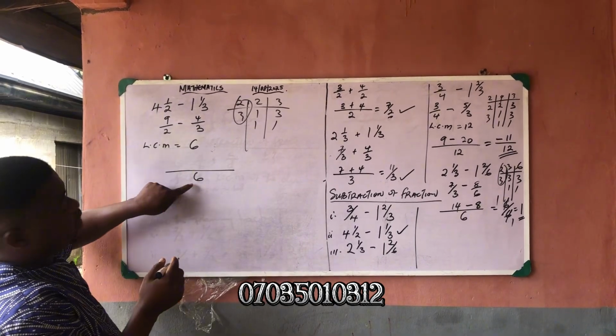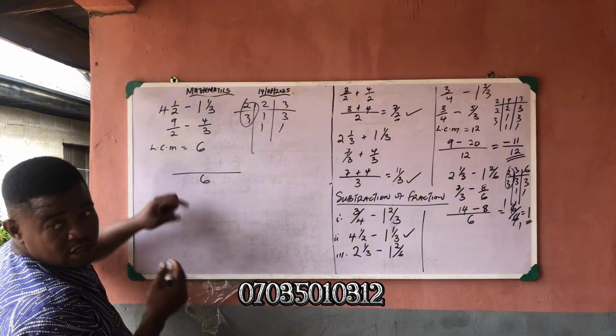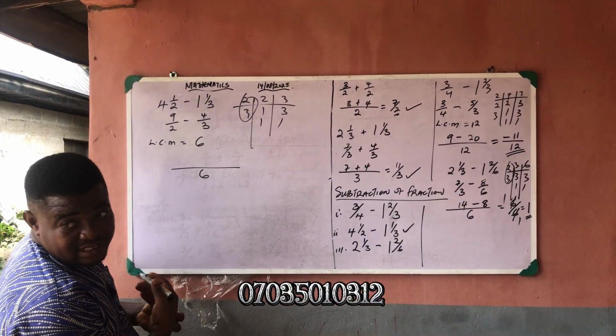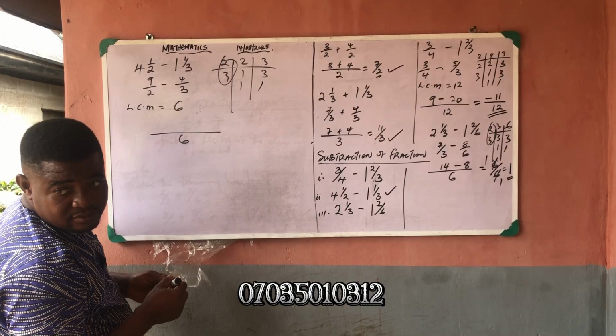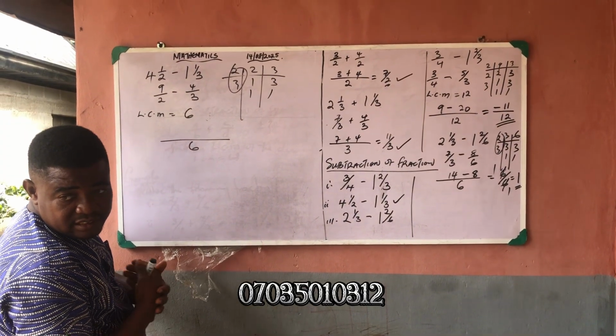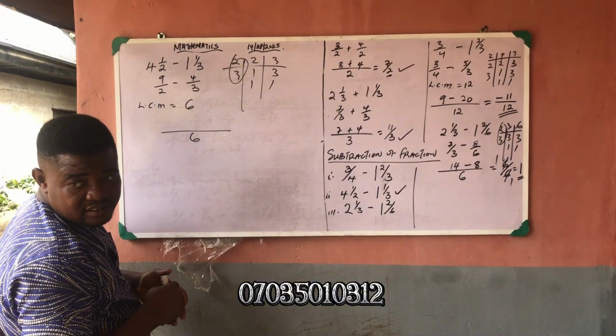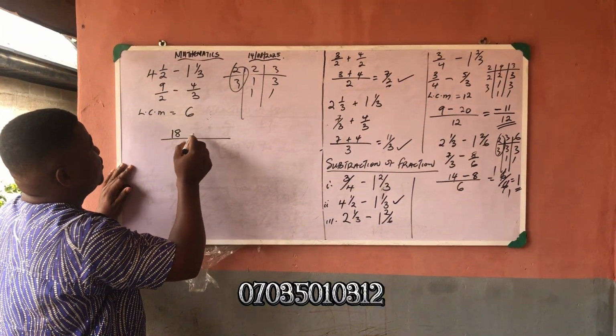Now, it is not the LCM that is divided, it is the denominator that is divided. 2 into 6 is 3. 3 times 9, 18. Good. So you now have 18 here.